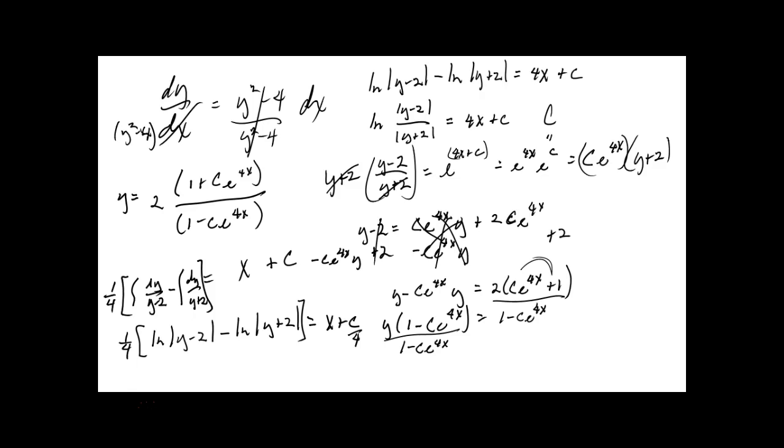Now, what we did at the very beginning was divide by y squared minus 4. And basically what that was doing for us is meaning you can't have y equal plus 2 or minus 2, right?